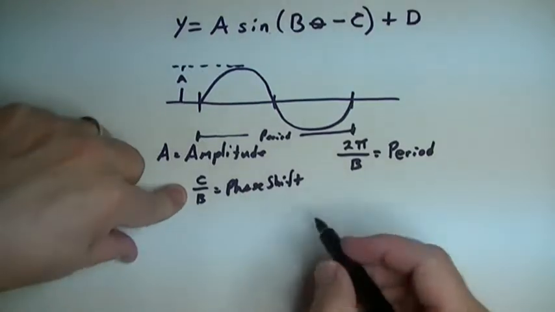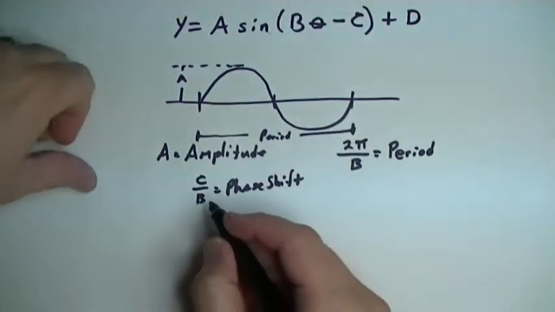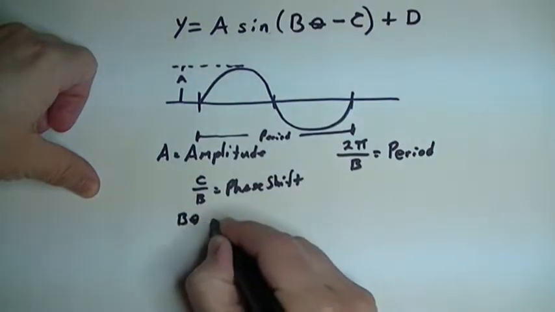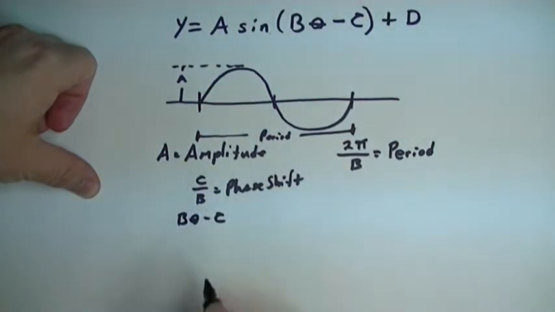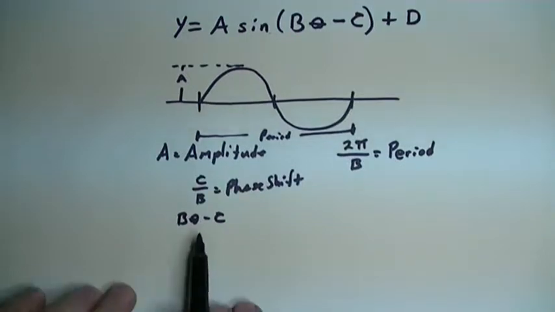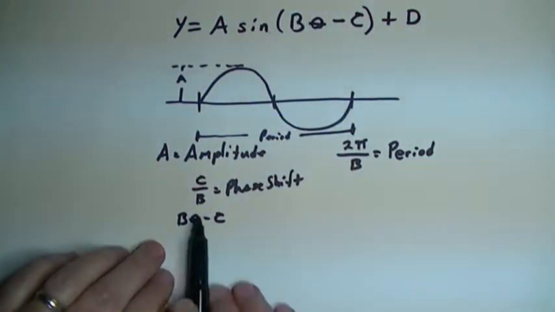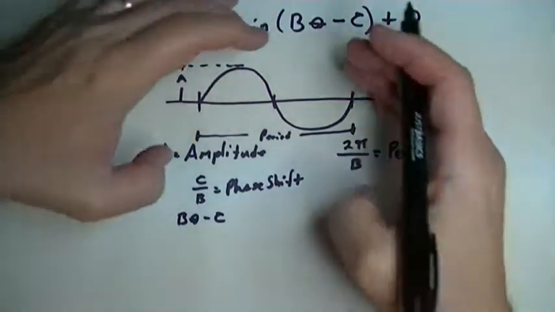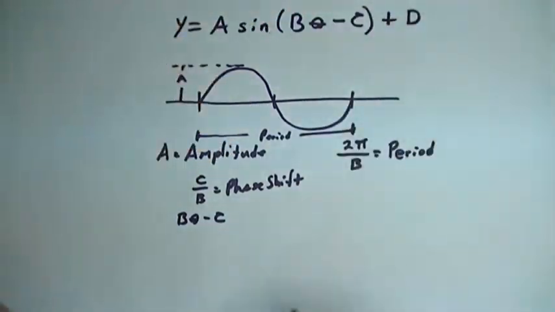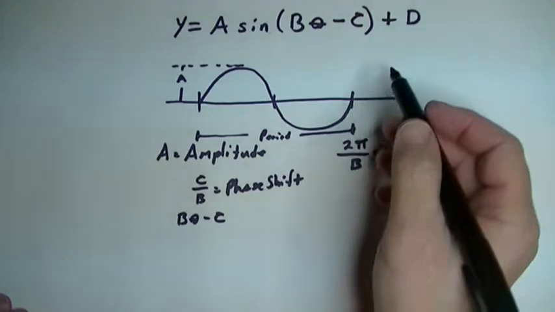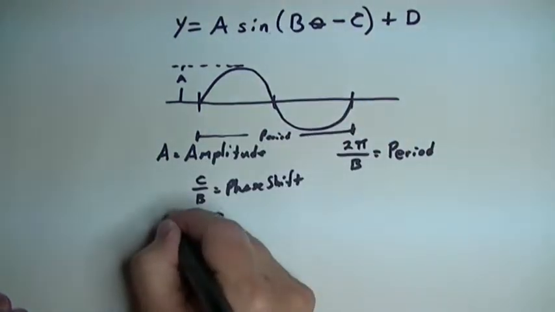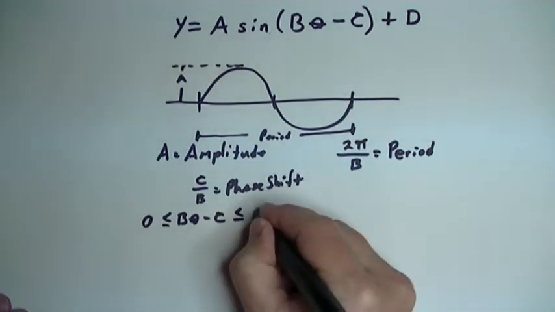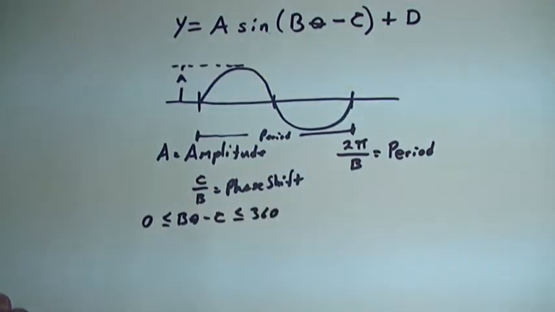that's determined by your phase shift. Another way to look at this, and let's do it right here, is I've got this bθ minus c. And if you think of this as essentially what you're going to be evaluating in the sine function, b times this angle minus c, and you know that the normal sine period runs from 0 to 360, we'll just use degrees.